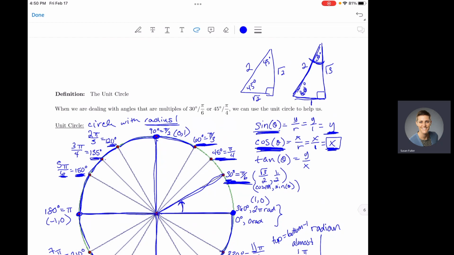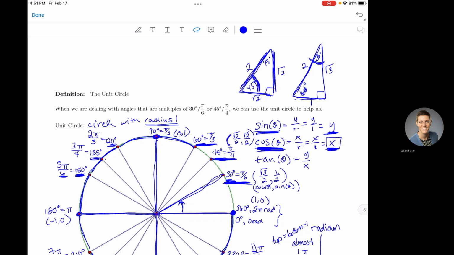Now, here at 45 degrees, the ordered pair that goes along with this one, our x value is going to be the cosine of 45 degrees. If I come up here and look at a 45-degree angle, cosine is adjacent over hypotenuse. That's the square root of 2 over 2. And our y value is the sine of 45 degrees. Sine of 45 degrees is opposite over hypotenuse, square root of 2 over 2.